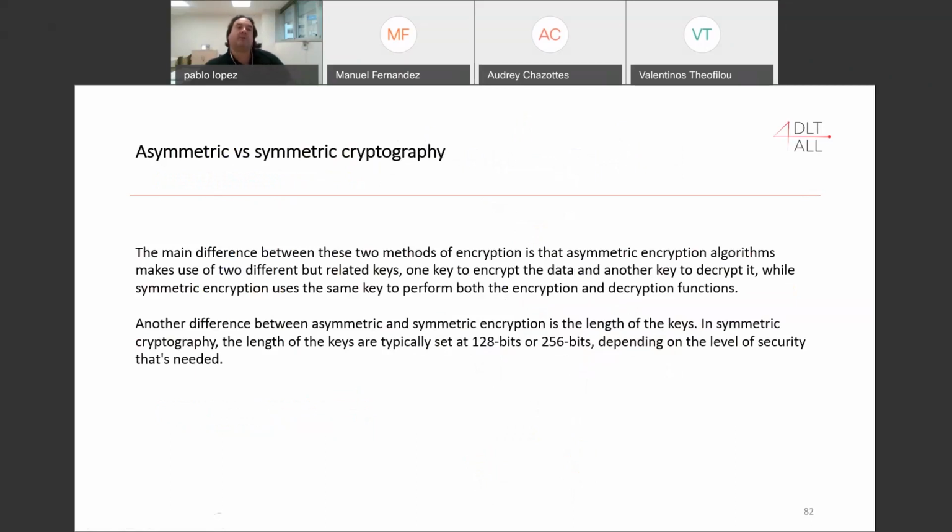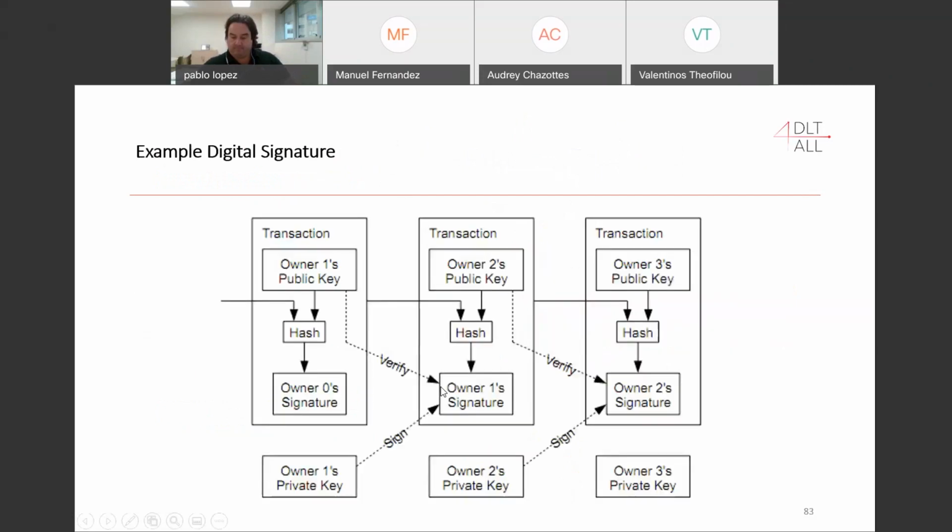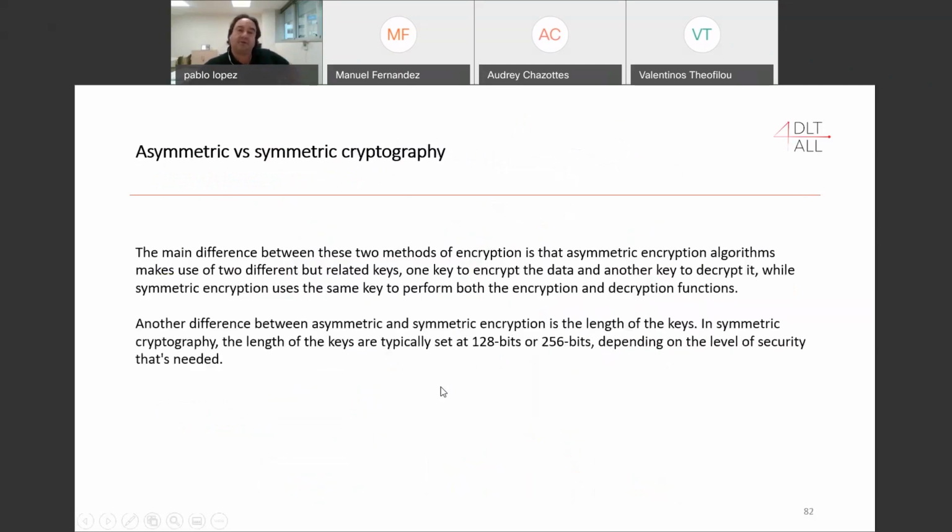Okay, go ahead. So, asymmetric versus symmetric cryptography. The main difference between the two methods is that the asymmetric encryption algorithm uses two different but related keys, one to encrypt, another one to decrypt, while symmetric encryption uses the same key to perform both encryption and decryption functions.